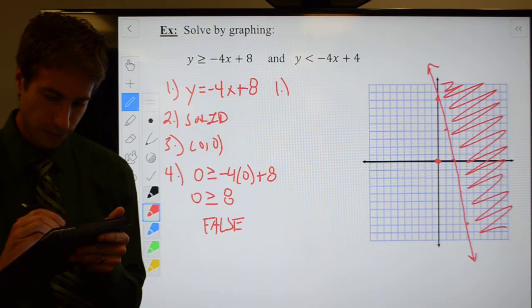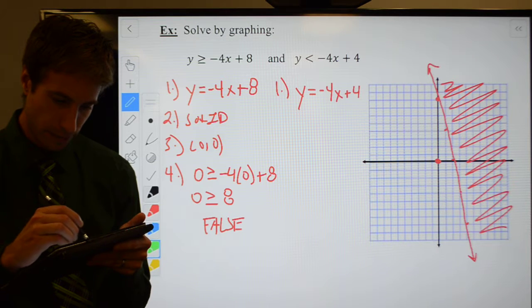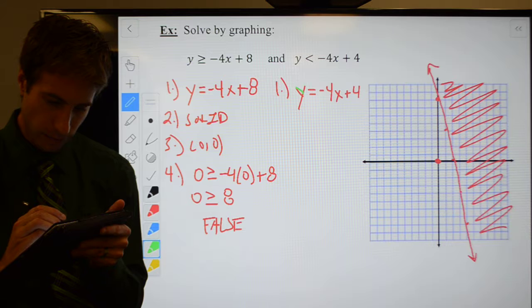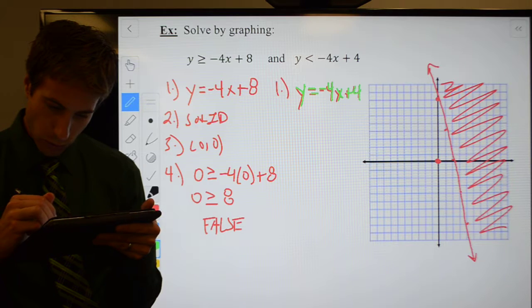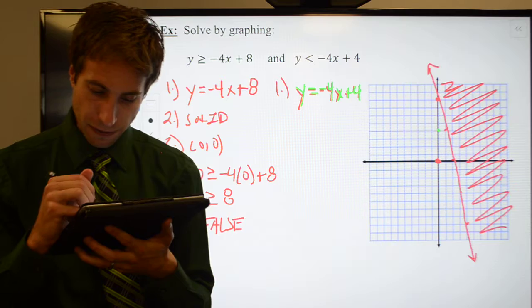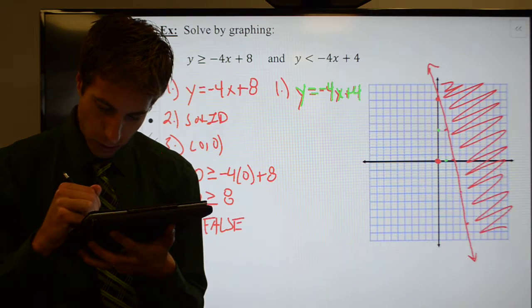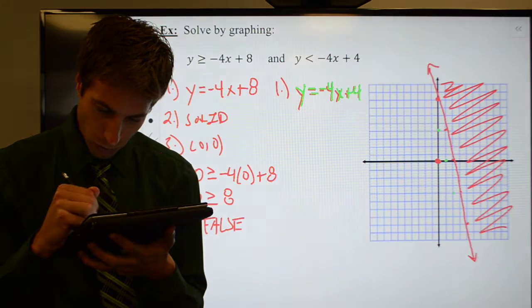All right. Now this one. Let's do it in green. I have a slope of negative 4.